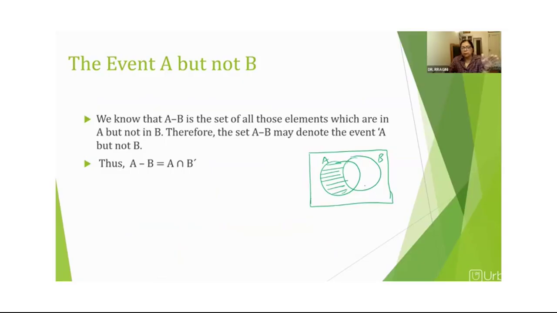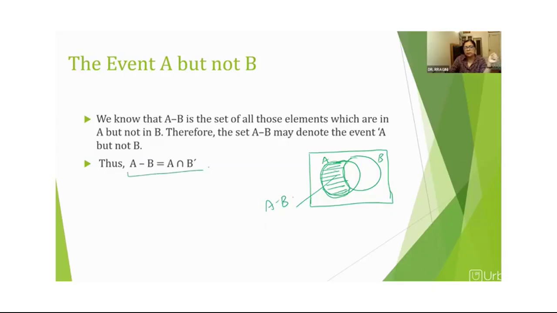A minus B. Subtract that portion which is being shared by B. So only take those events which are exclusive to A. This portion is called A minus B.